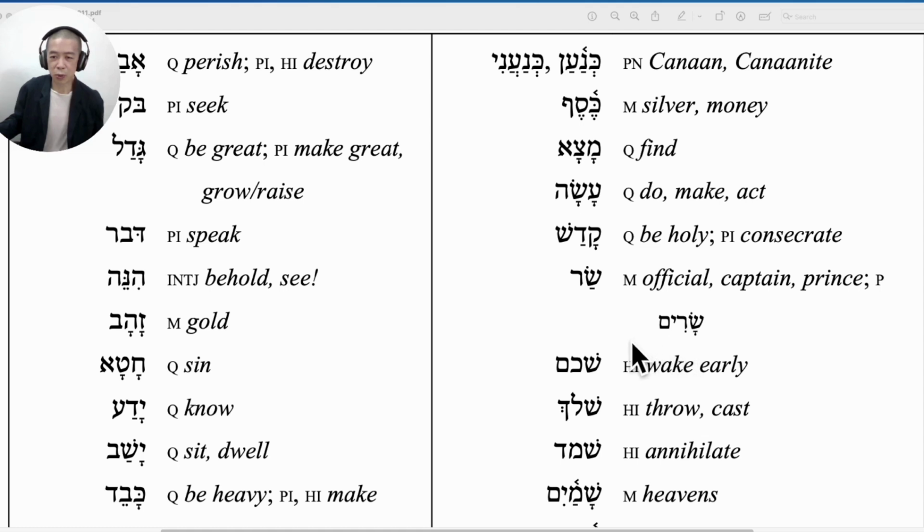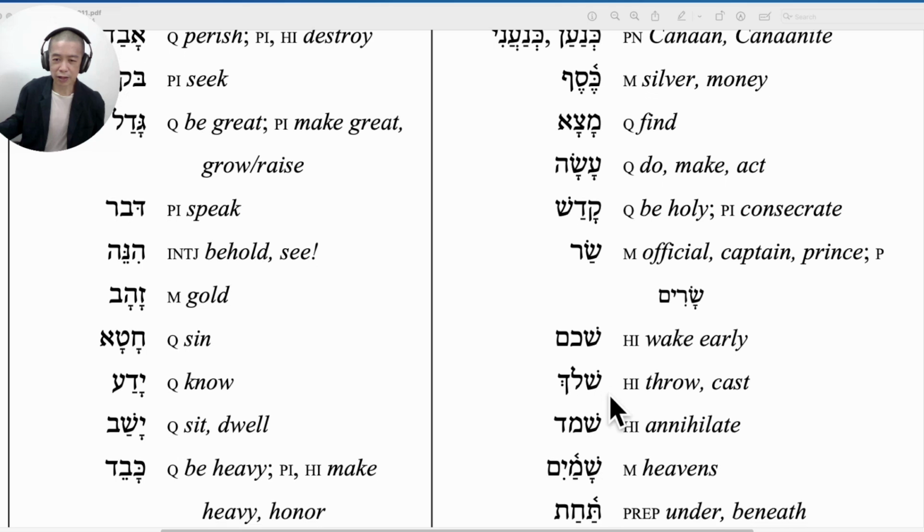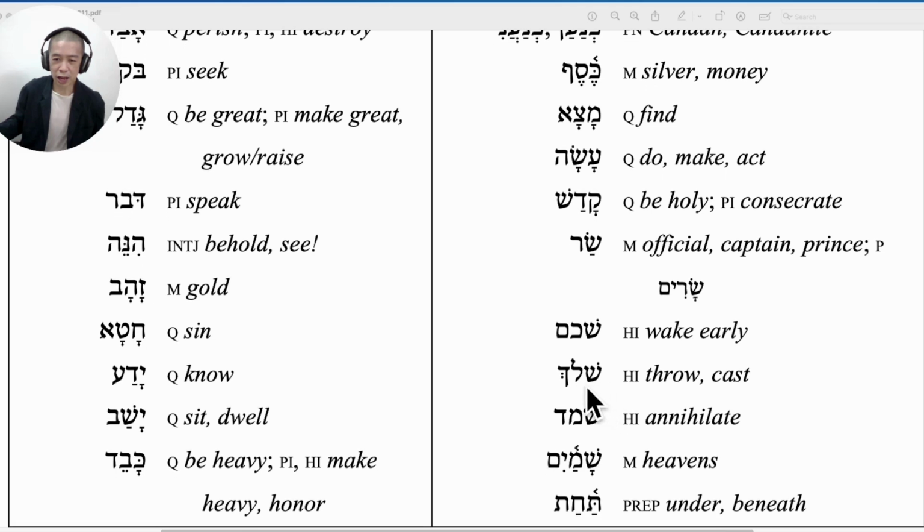The next word means wake early. It is characterized by the root letters in Hebrew shin, kaf, and mem. The next word is throw or cast. It's characterized by the root letters in Hebrew shin, lamed, and kaf.